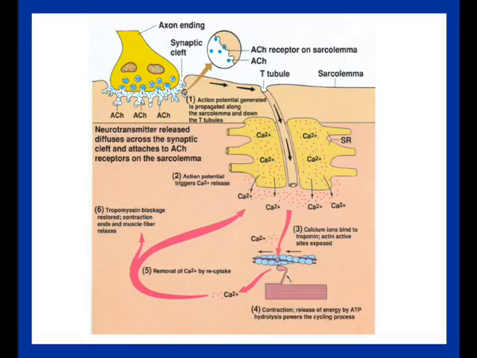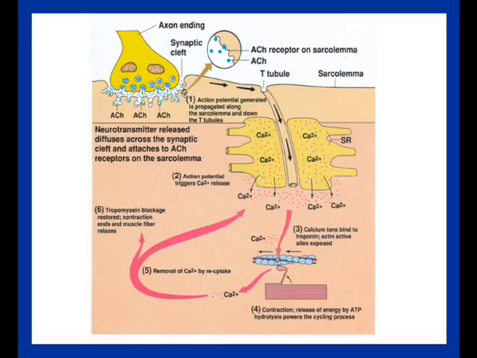We want to return to a resting state. One, you have detachment, of course, of the myosin from the actin. Okay. The cross bridge has been broken. Also, we have removal of all that calcium that's floating around inside the muscle cell. It's pumped back into the sarcoplasmic reticulum. And it's pumped against the concentration gradient, so it requires ATP. It requires energy.